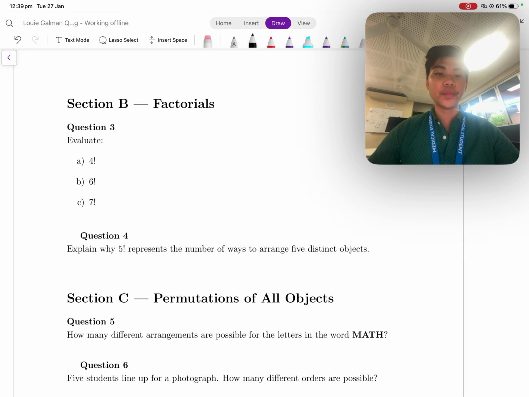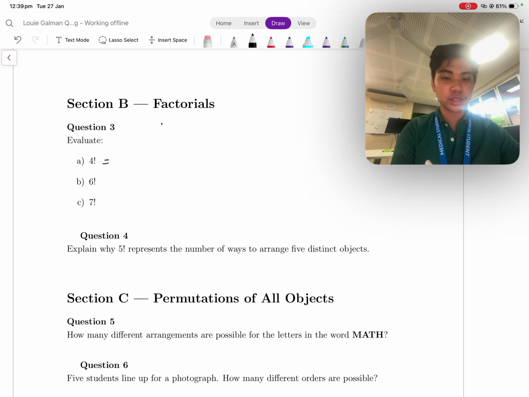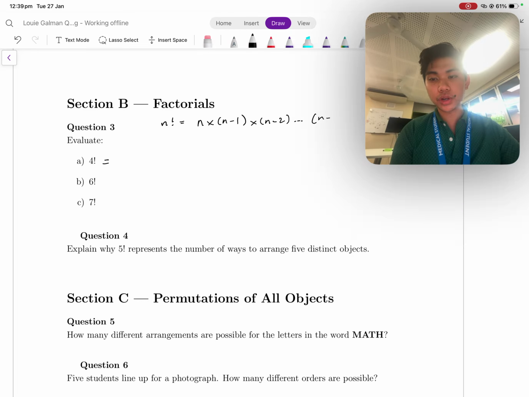So question 3, we have to evaluate 4 factorial. Basically what a factorial is: if we take n factorial, it just means we're taking n times n minus 1 times n minus 2, and we keep going until we reach that endpoint where we end up with 1.